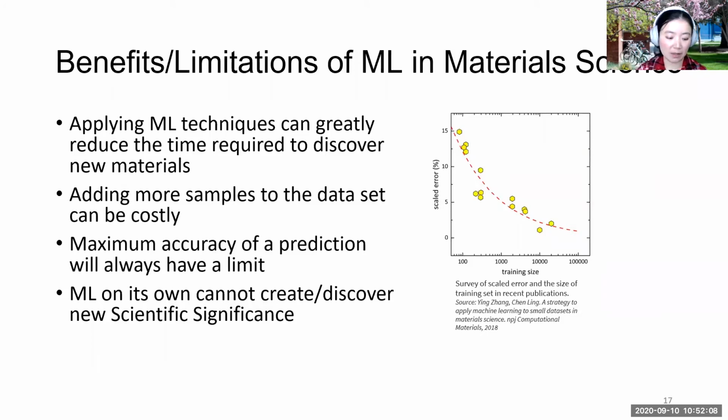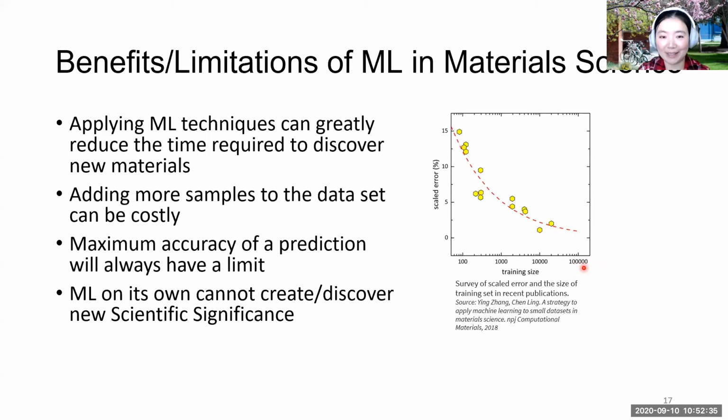The figure on the right shows that if we increase the training size for the models, the error will decrease exponentially. But unfortunately, for example, here we have 100,000 data points, and this is very big for material science.